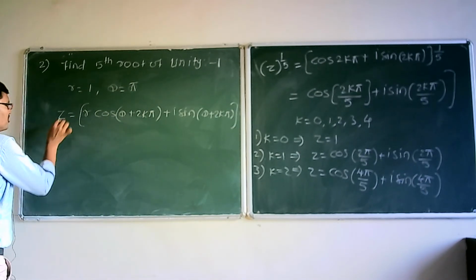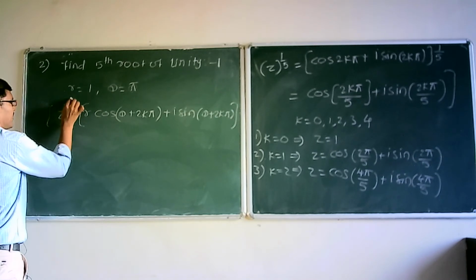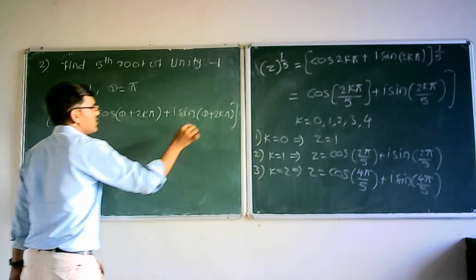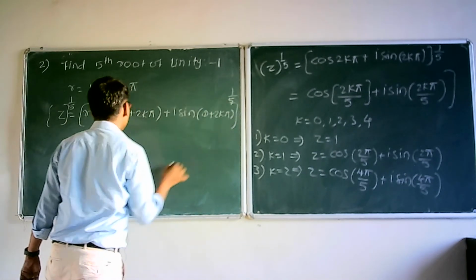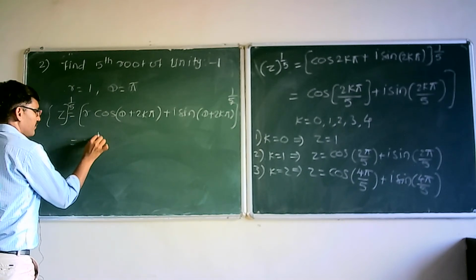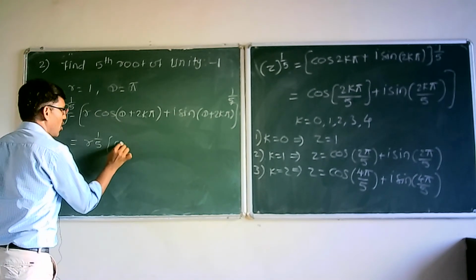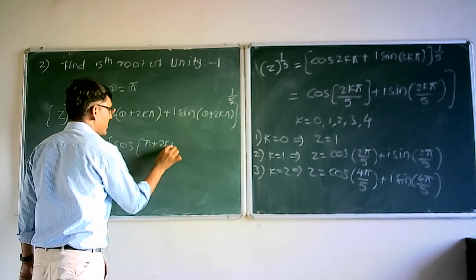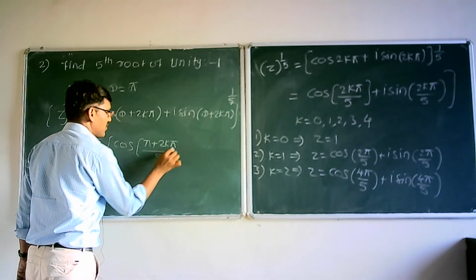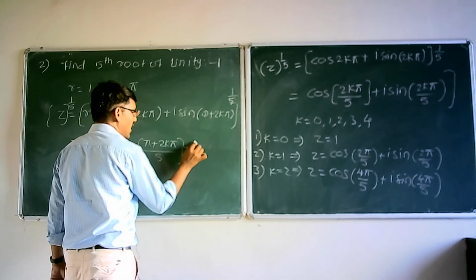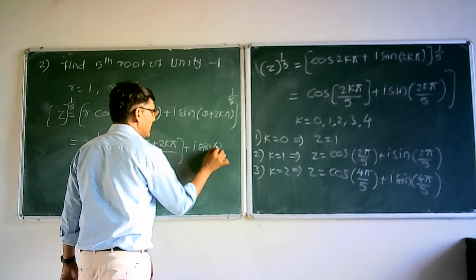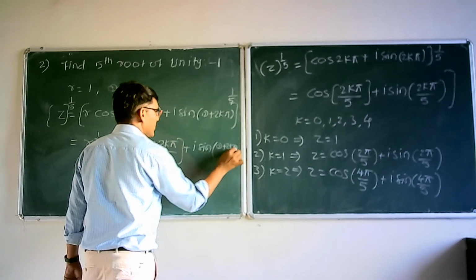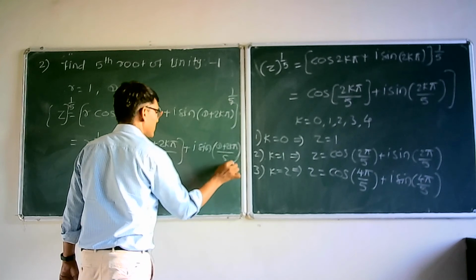Okay, now since we want to determine the fifth root, z raised to 1 by 5 is equal to this raised to 1 by 5. So r raised to 1 by 5 into cos of pi plus 2k pi divided by 5, by using De Moivre's theorem, plus i times sin of pi plus 2k pi divided by 5.